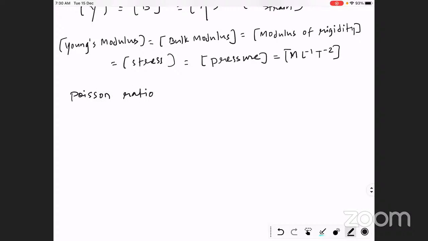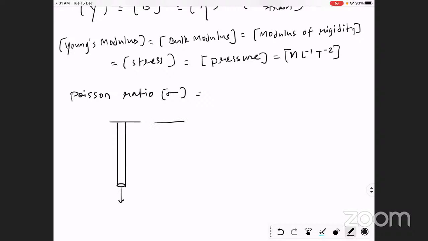What is Poisson's ratio? Sigma. Children, when you stretch a wire, its length increases. Stretch this wire, its length will increase or not? Yes.